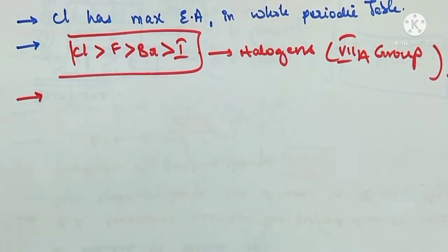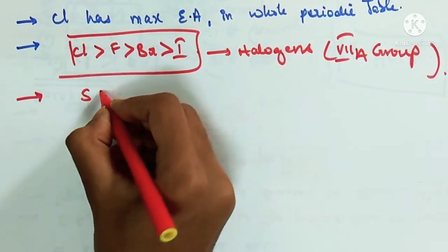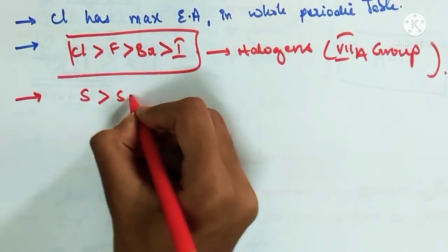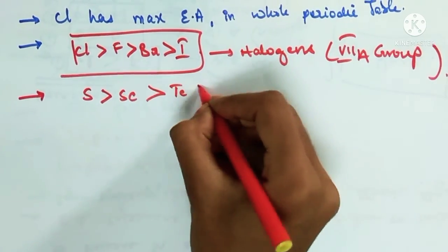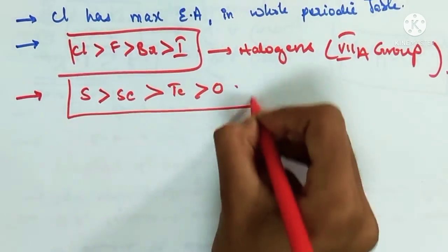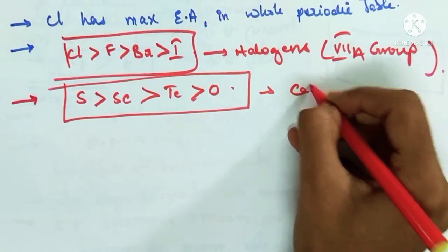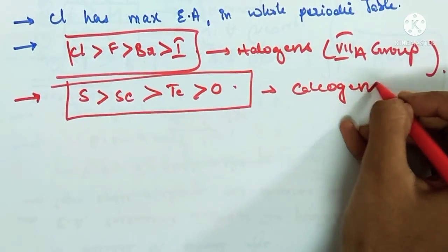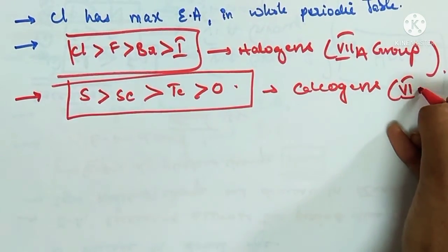And the order for 6th group elements is: sulfur has greater electronic affinity than selenium, than tellurium, than oxygen. This is for chalcogens, 6th group elements.